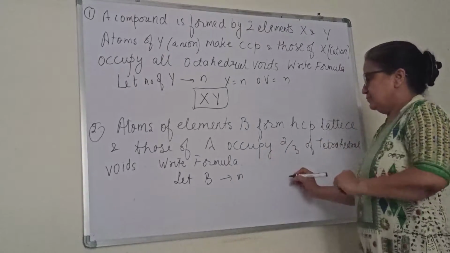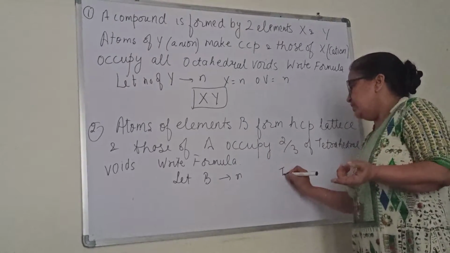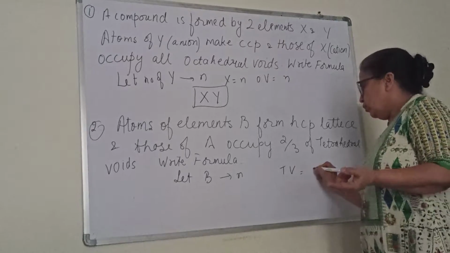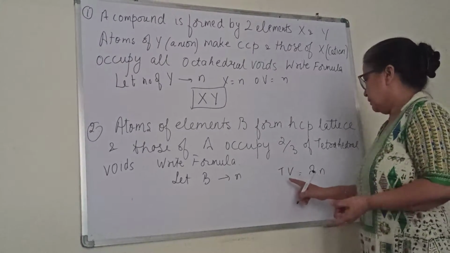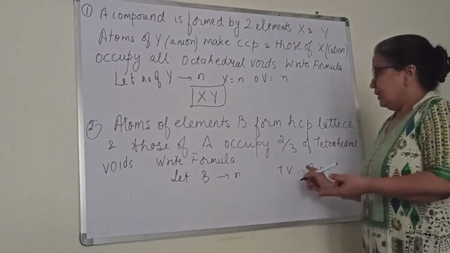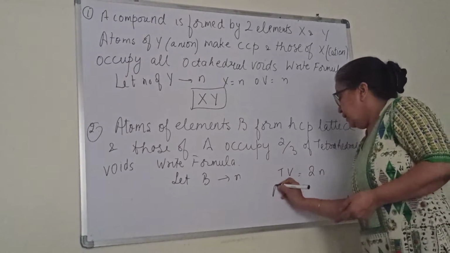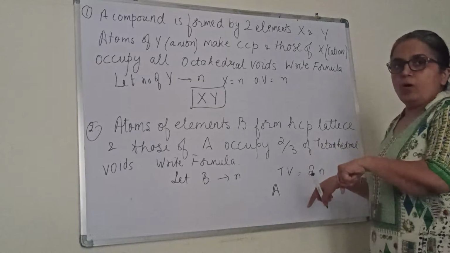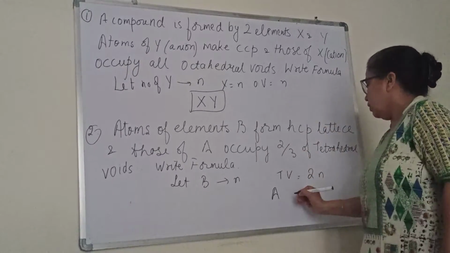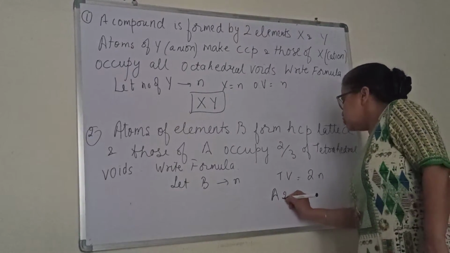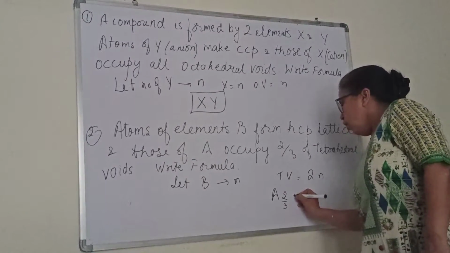For this n, how many tetrahedral voids will be there? Tetrahedral void will be 2n. I am using TV for tetrahedral void. So this will be 2n, and A is not occupying all. It is occupying 2/3 of the tetrahedral void. That means it is 2/3 of 2n.